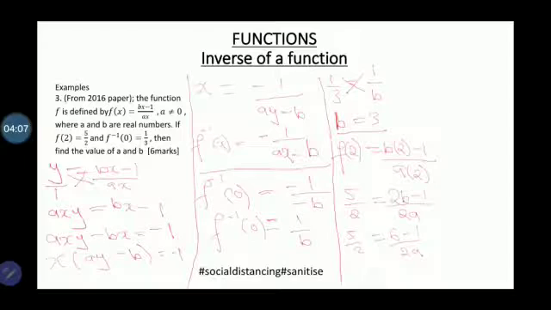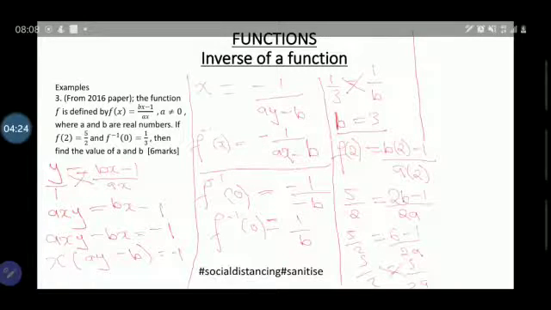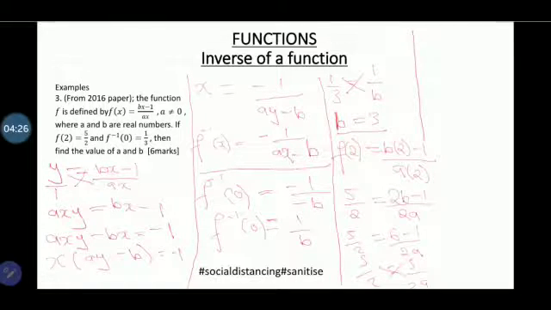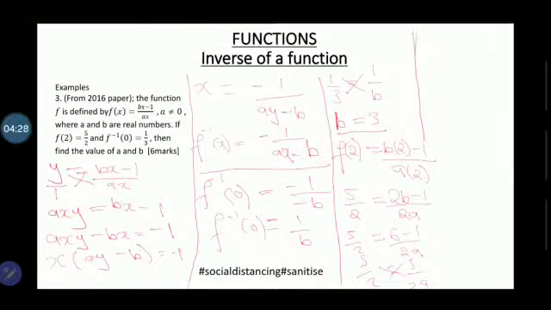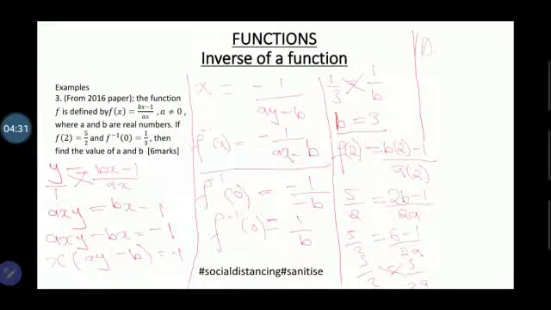So this will give us 5 over 2 is equal to 6 minus 1 is 5 over 2a. We cross multiply, 5 times 2a will give us 10a, which is equal to 5 times 2, which is 10. To get a, we divide both sides by 10 to imply that a is equal to 1.